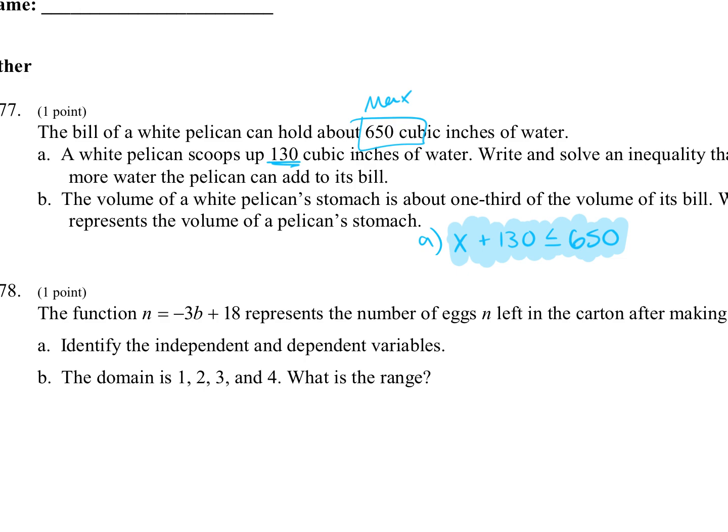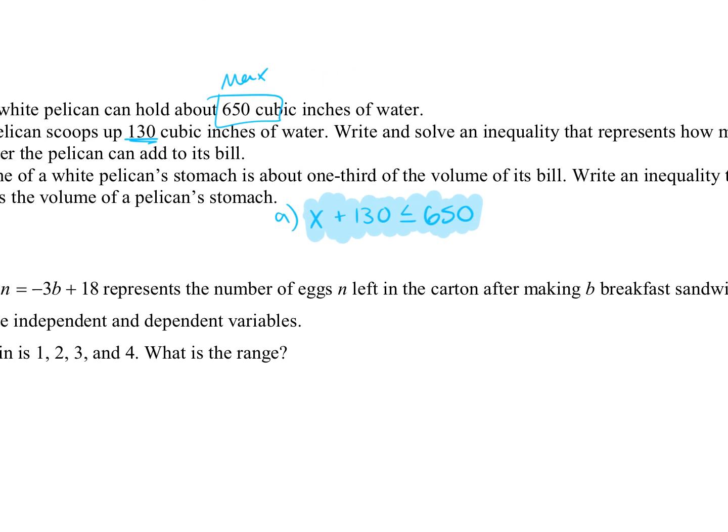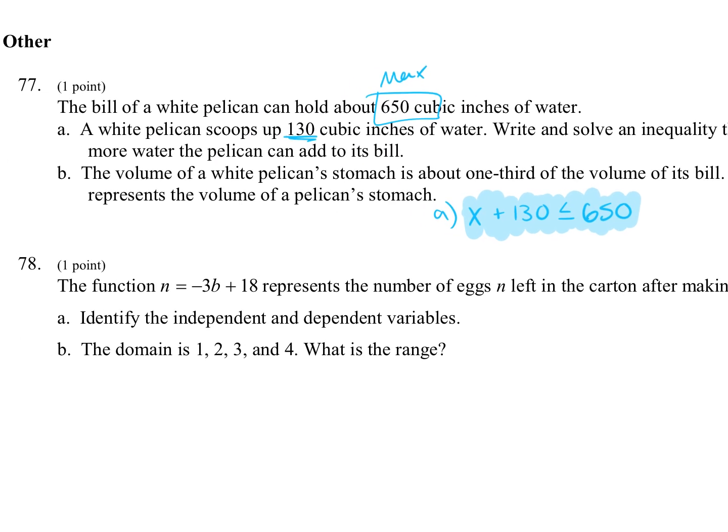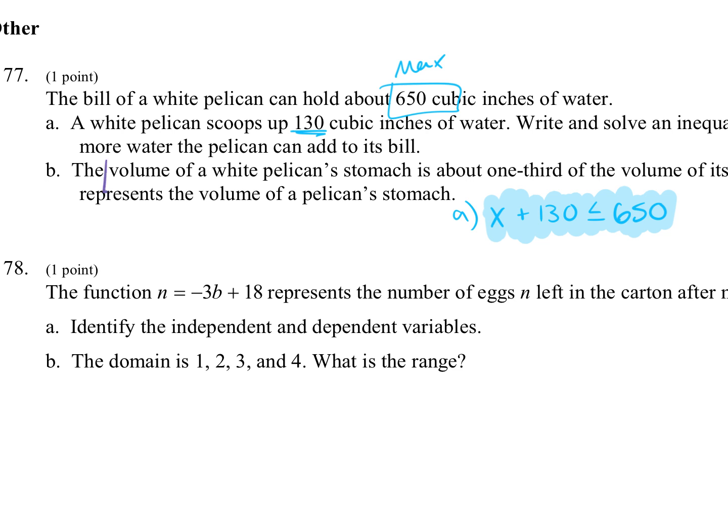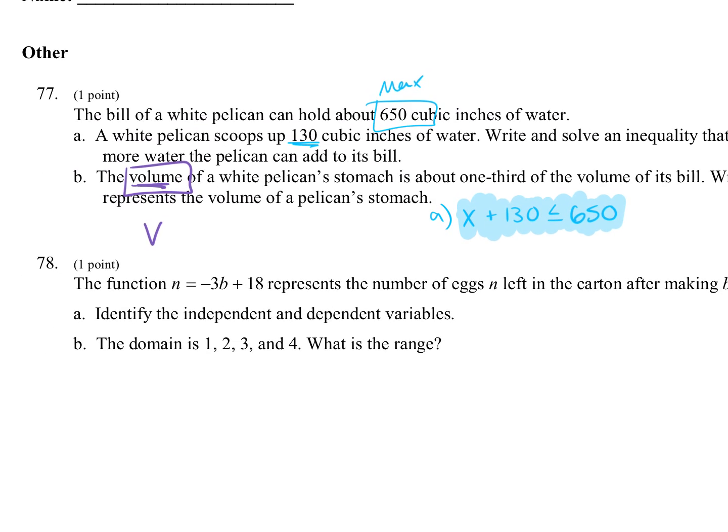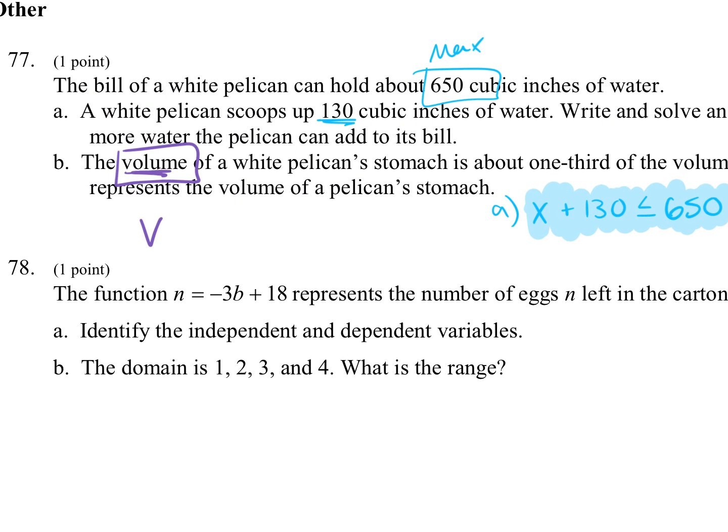And then for B, it says the volume of a white pelican's stomach is about 1/3 the volume of its bill. Write an inequality that represents the volume of the pelican's stomach. So for the volume, we're not talking about cubic inches of water anymore. We're just talking about the volume. So we could say V, and then it's 1/3 the volume of its bill.